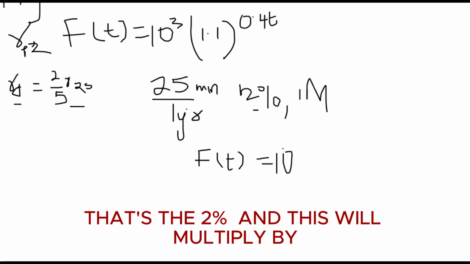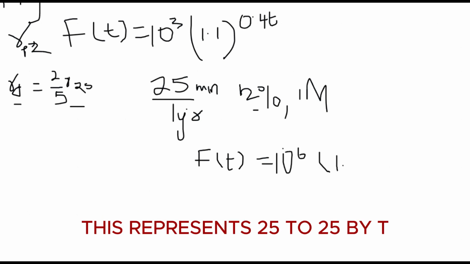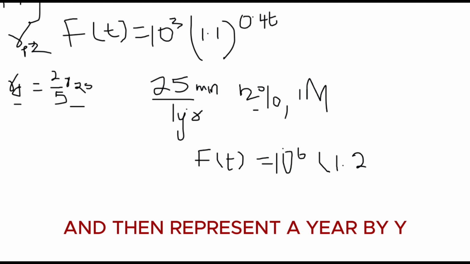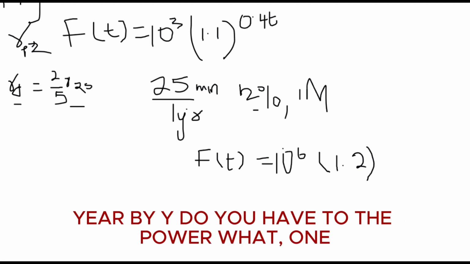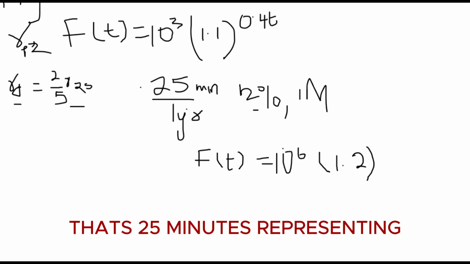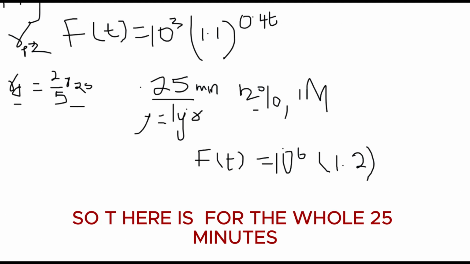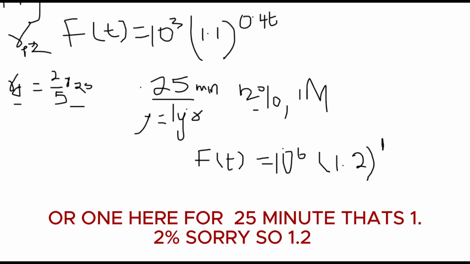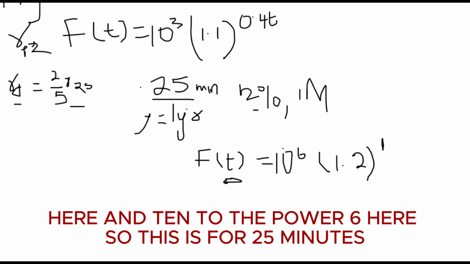And this will multiply by, let's represent a year by Y, so you have to the power of 1. That's 25 minutes, represented by T. So 1 here for 25 minutes.